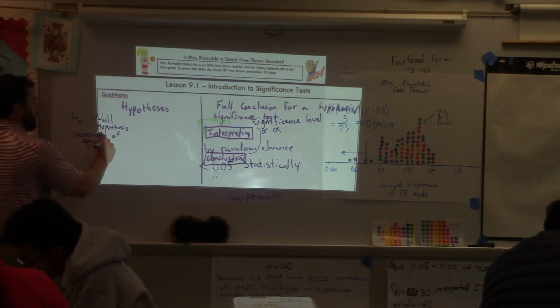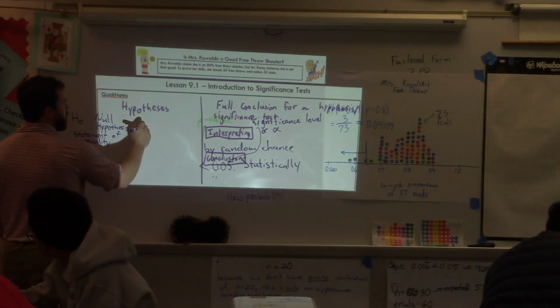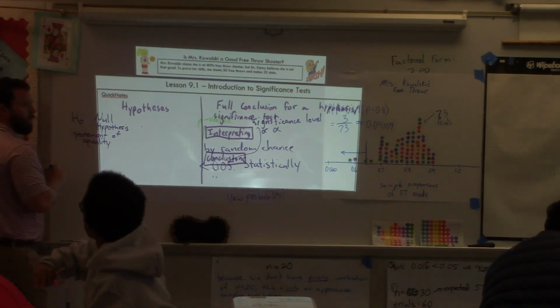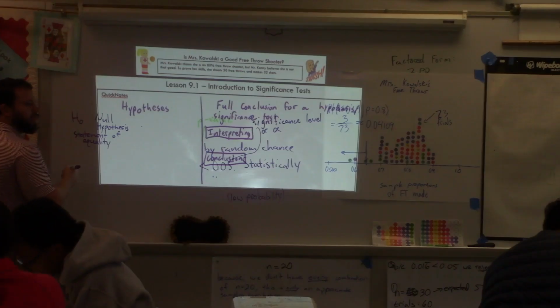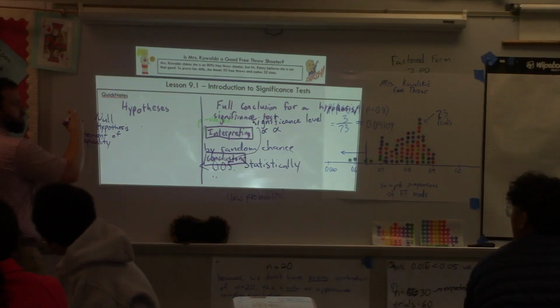What did Miss Kowalski claim? That she can make 80%. So what is she making? How could I write that mathematically? If she's claiming she makes 80% of her free throws, H sub 0 equals 0.80. But how does H sub 0 equal a number? That's just a hypothesis. What is it equaling?